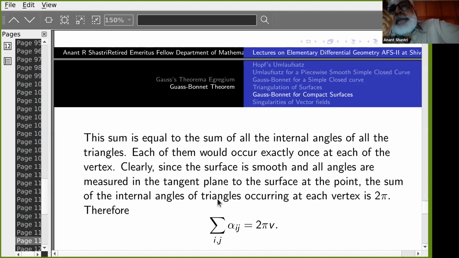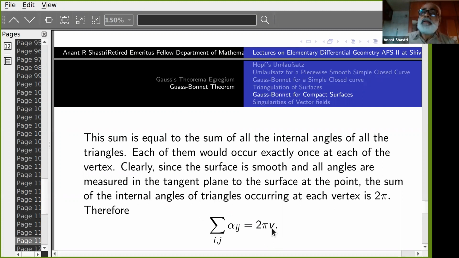All these angles will be measured in one single plane, namely the plane tangential to the surface at the point Vi, where Vi is one of the vertices. All these triangles will cover the entire full angle, so it will be 2 pi. So for each vertex, the contribution of summation alpha ij will be exactly 2 pi.